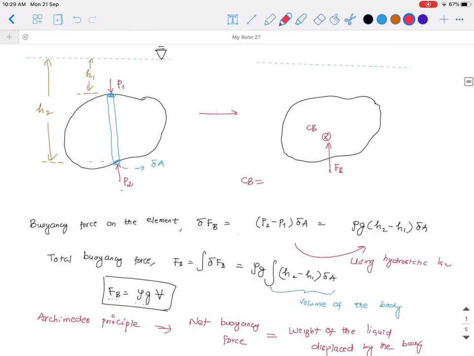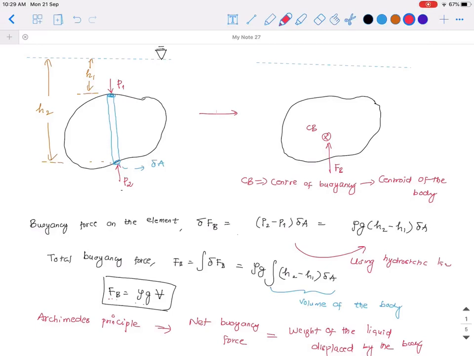The point at which the buoyancy force acts is called the center of buoyancy. You can very easily guess that the center of buoyancy is the centroid of the body, not the center of gravity, the centroid of the shape of the body.